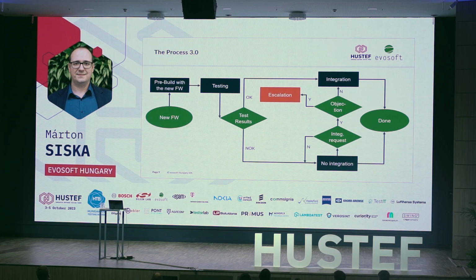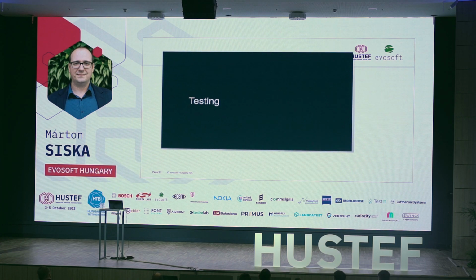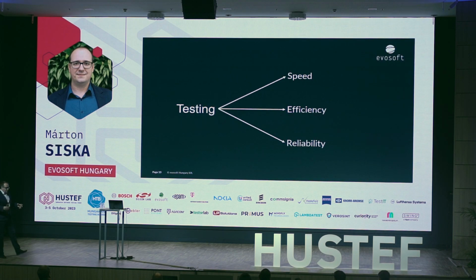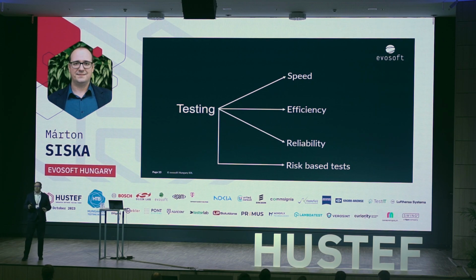Testing-wise, before I talk about that a little bit more, now that the teams started to get more involved in the whole process and they needed more reliable feedback about their functionalities, we had to introduce some limitations, because the amount of test cases they wanted to execute no longer suited the 2 hours time frame we defined at the very beginning. So we introduced a risk-based approach here as well. Fortunately, a couple of years ago, all of the teams started to work with it, so they were familiar with the process.